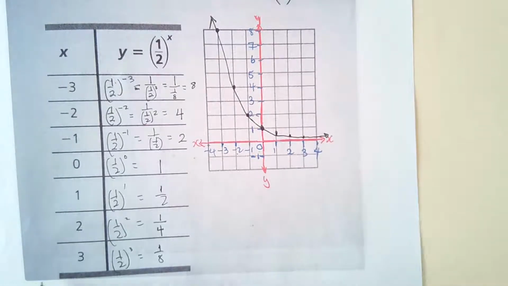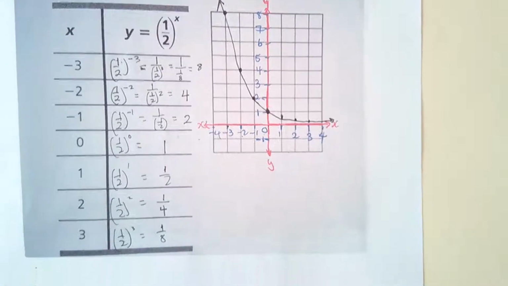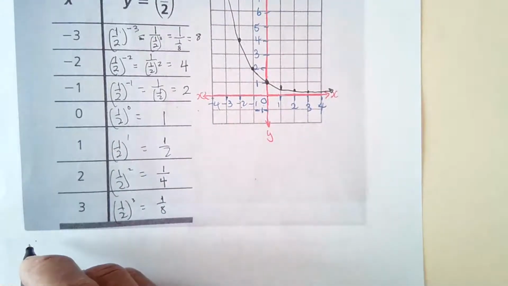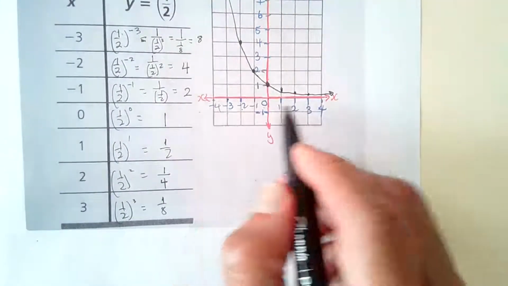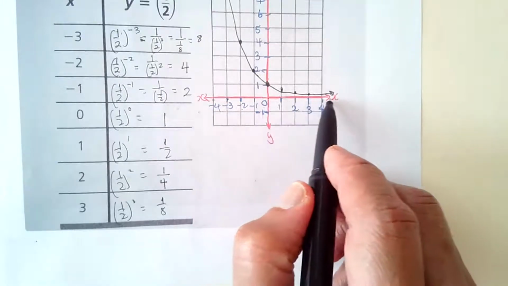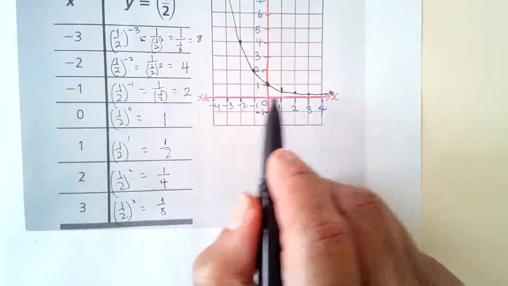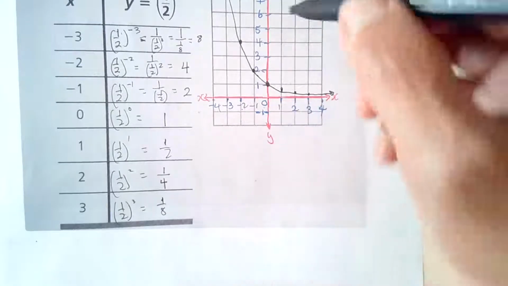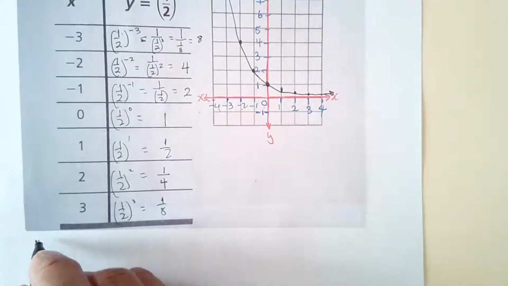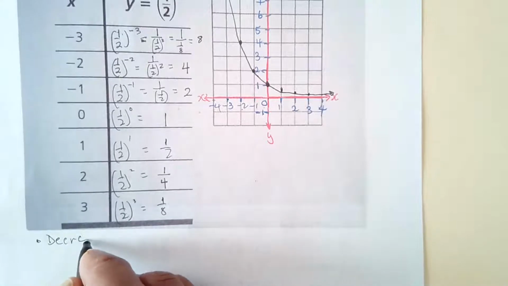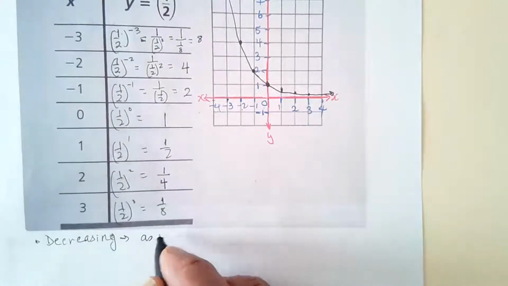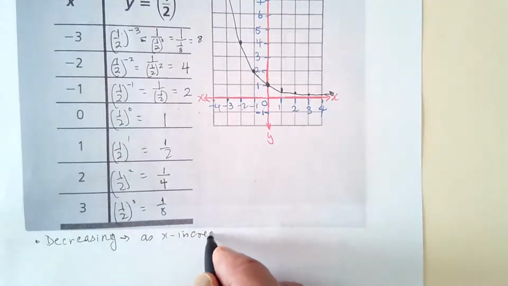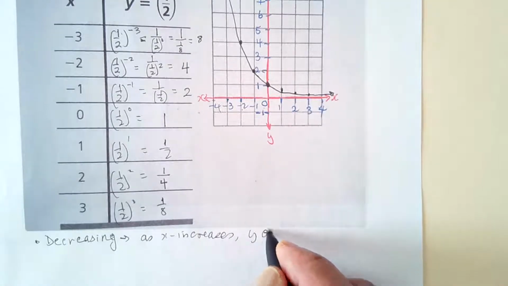We concluded, as we did earlier, that the graph was increasing. Now, this graph is not increasing, it's decreasing. Notice as you move from left to right, as the value of x increases, the y value decreases. So we say the graph is decreasing. As x increases, y decreases.